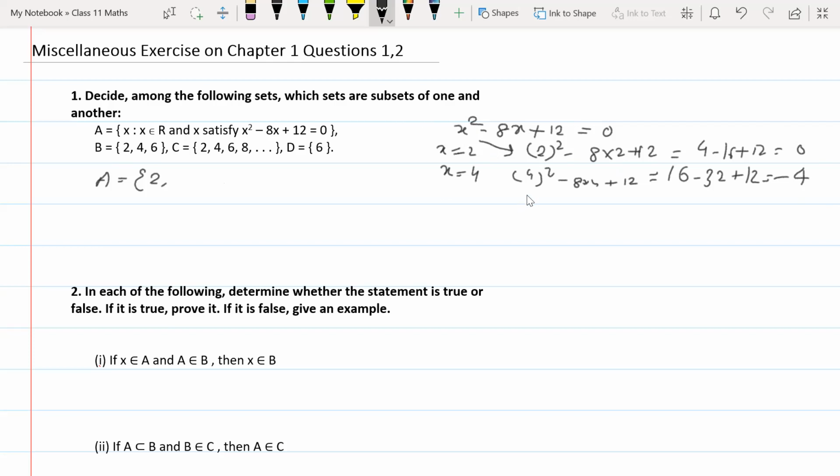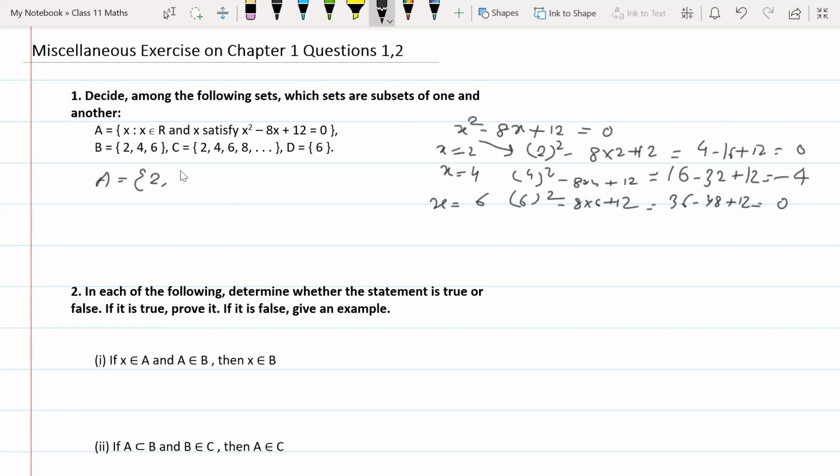Now, if we solve this for 6, then 6 square minus 8 into 6 plus 12 comes out to be 36 minus 48 plus 12. 36 and 12 is 48, and it is 0.